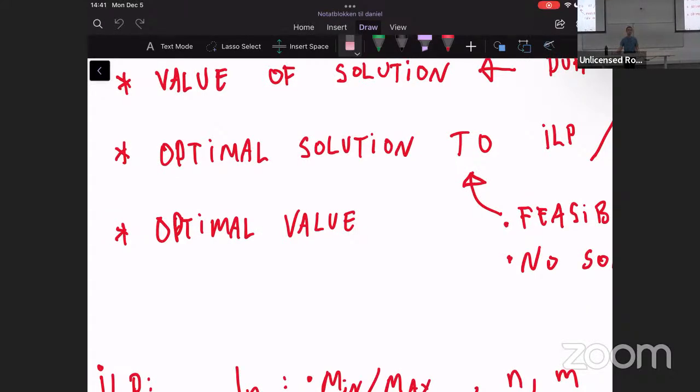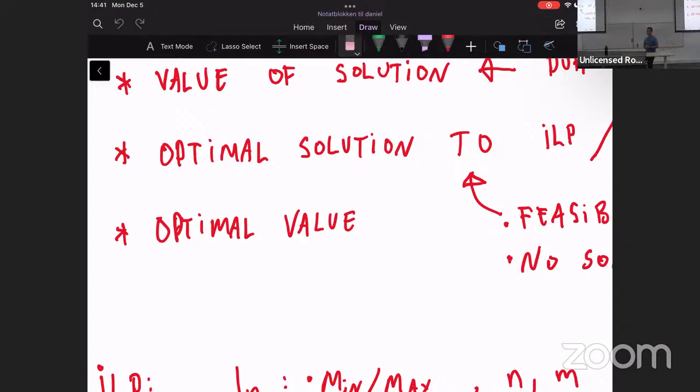Now notice that an ILP does not necessarily have an optimal value or even a feasible solution. If I tell you that I have just one variable, x1, and constraints x1 is greater than 5 and x1 is less than 4, then there is no x1 that satisfies it. So we're saying that the ILP is infeasible because there aren't any feasible solutions.